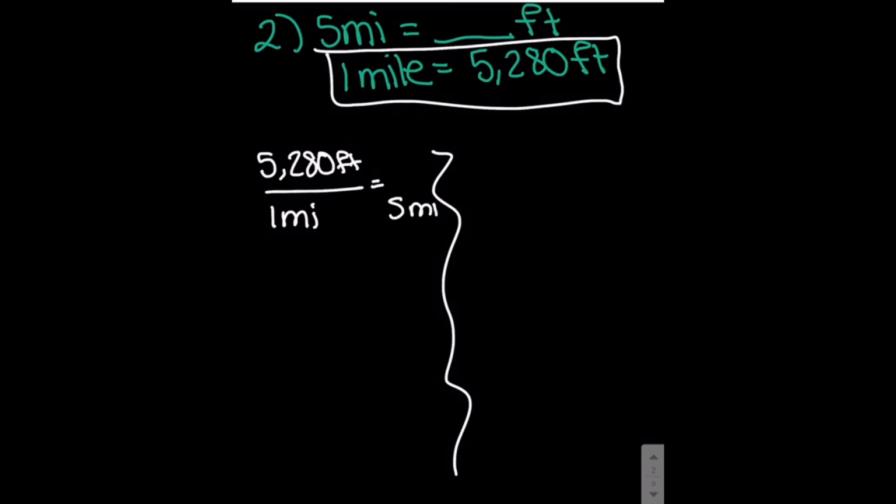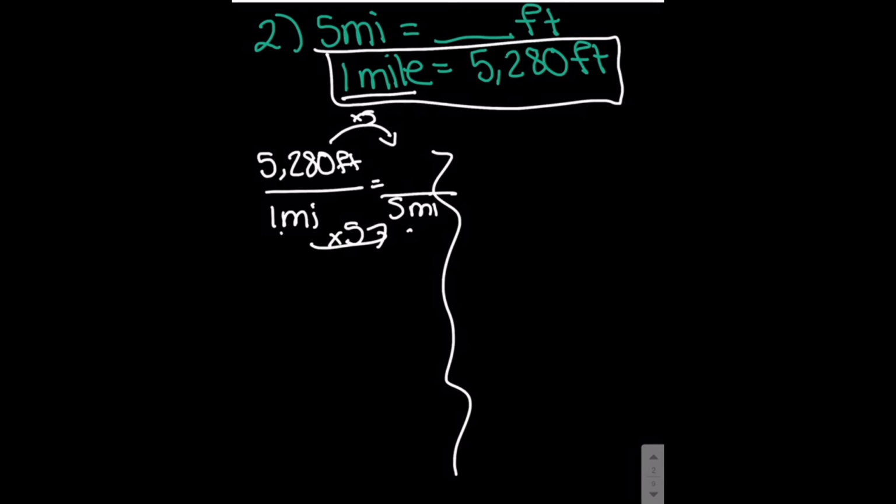And I have to get to 5 miles. The reason why I put the feet on top is because I know I'm missing the other feet. So right over here, I times by 5.